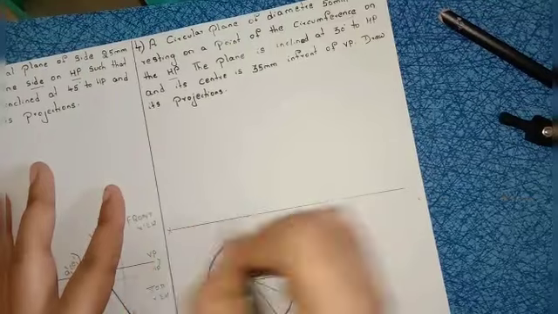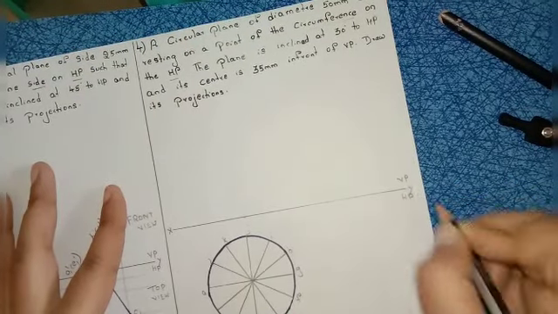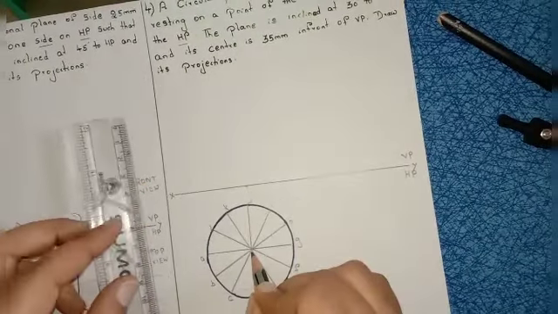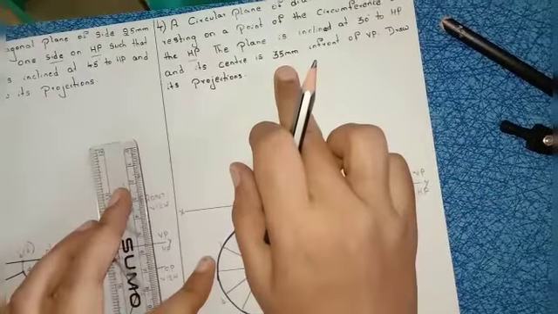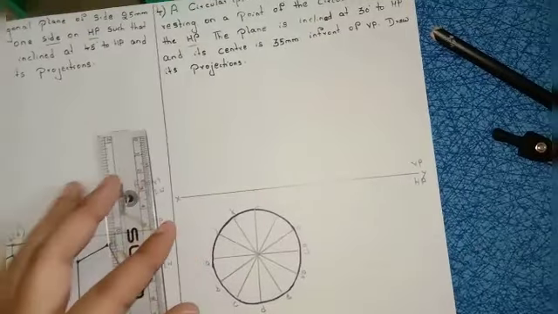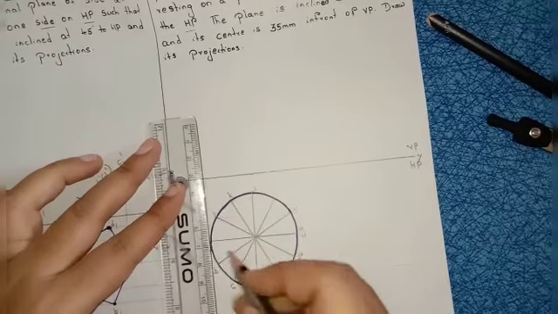Name it XY, with the vertical plane above and the horizontal plane below. From the center of the circle I am leaving 35 mm and drawing a line. If they didn't mention this 35, we would have taken 5 mm. But in this question they mention the distance, so that's why we have taken 35 mm.